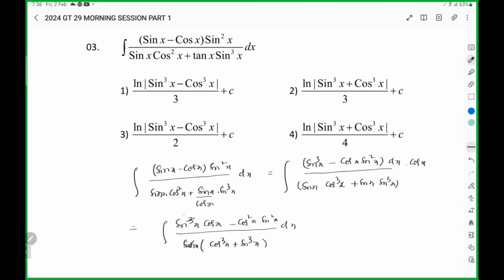So sin x here gets cancelled out. So cos cube x plus sin cube x, if you take it as t, 3 cos square x minus sin x plus 3 sin square x cos x dx is dt.